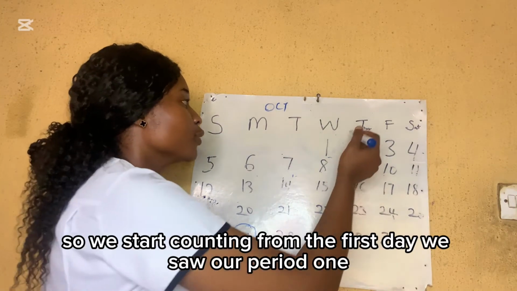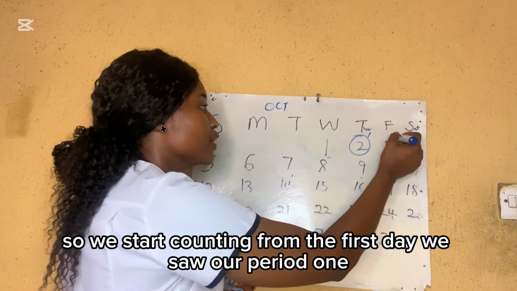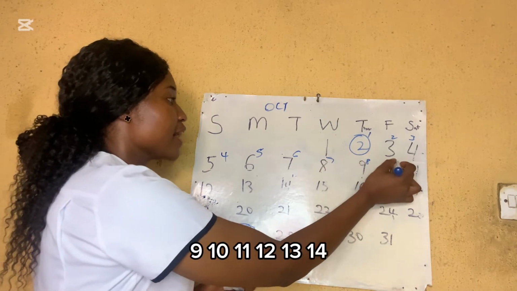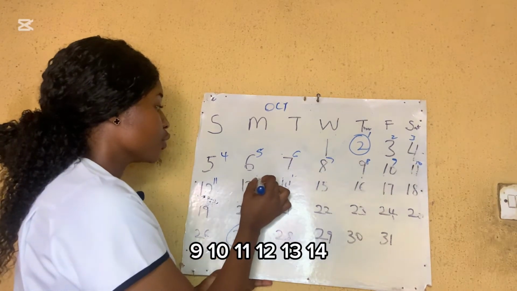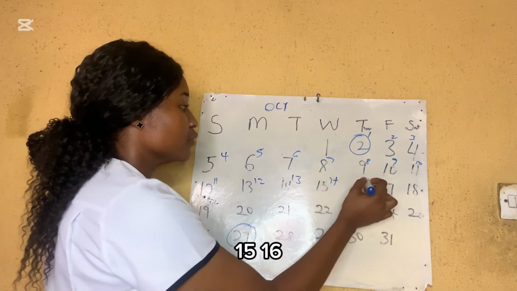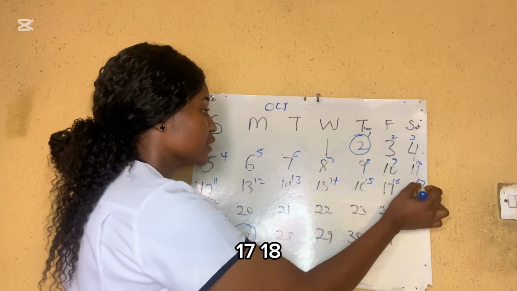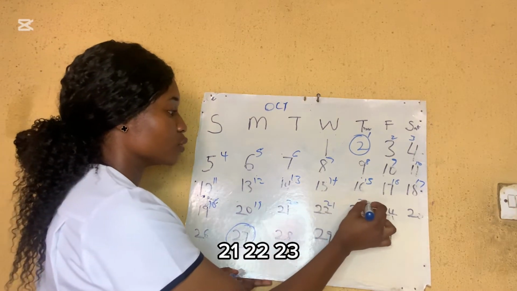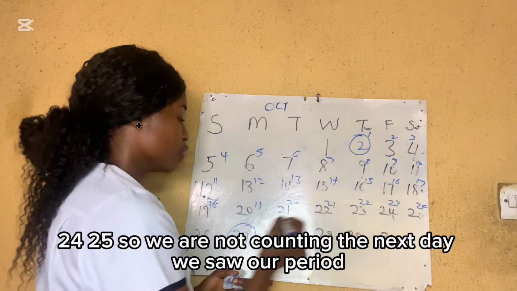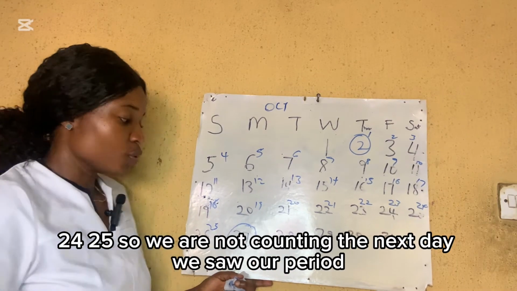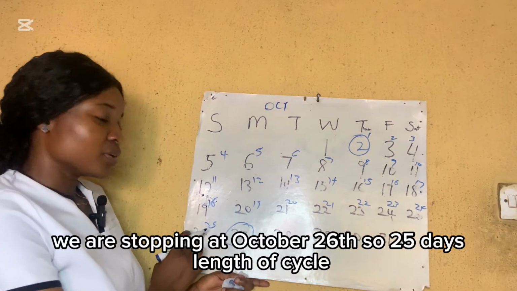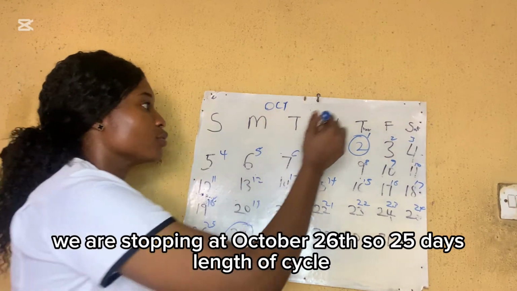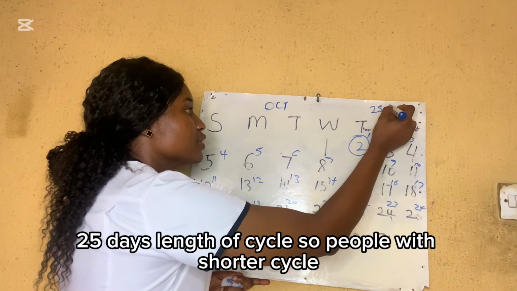We start counting from the first day we saw our period: 1, 2, 3, up to 25. We are not counting the day we saw our next period; we are stopping at the 26th of October. So that is a 25 days length of cycle.